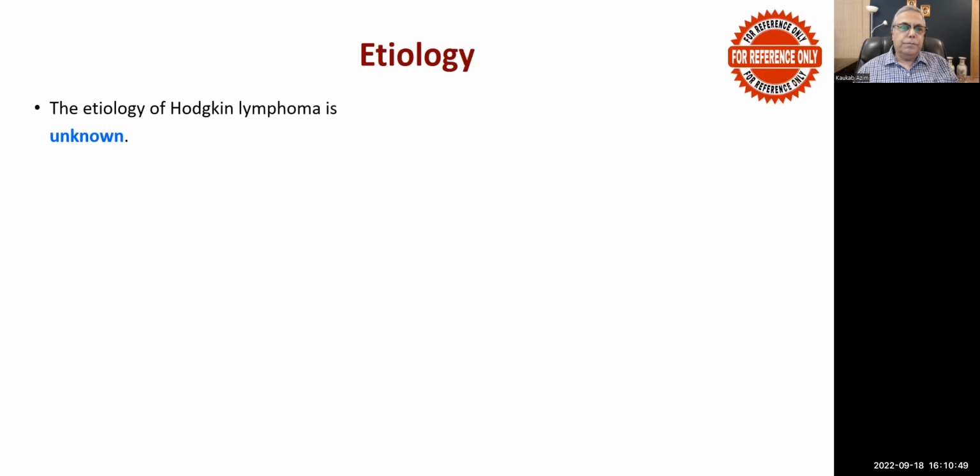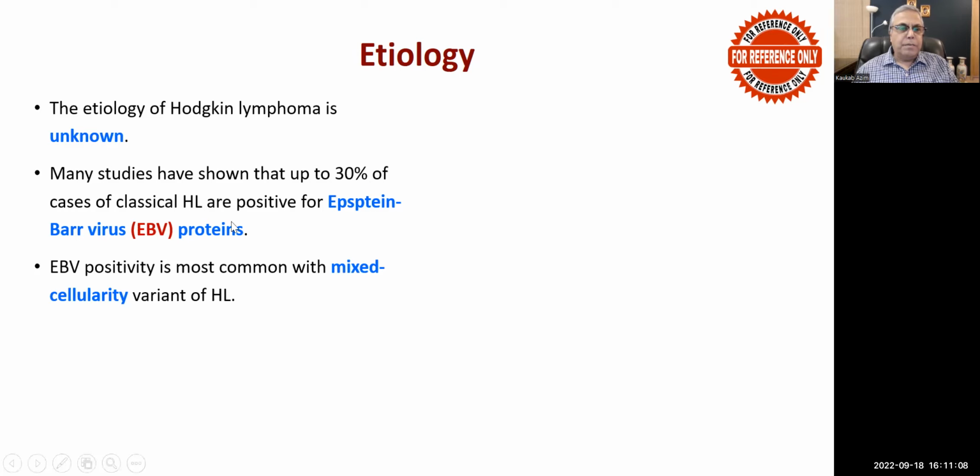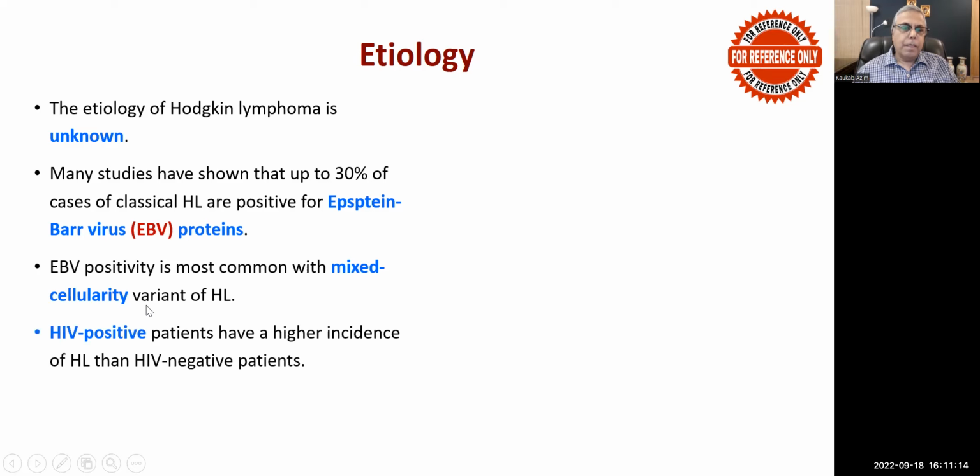Right, etiology, it is unknown, unfortunately. Many studies have shown that up to 30% of cases of classical Hodgkin lymphoma are positive for Epstein-Barr virus. And this means that 70% are not positive, but they are still Hodgkin lymphomas. Epstein-Barr virus positivity is most common with mixed cellularity variant.